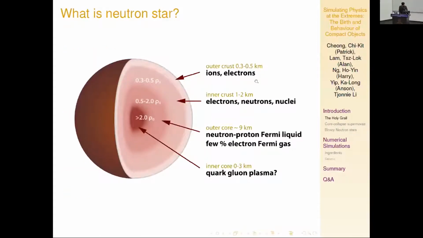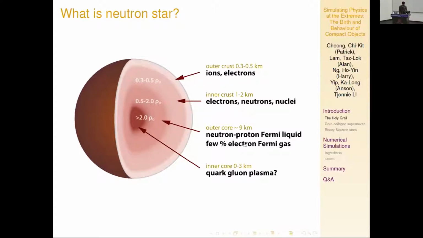So one of the interesting questions in physics is, what is a neutron star? The figure here shows our current understanding of a cool neutron star. It is constructed with different layers, where rho naught here represents the nuclear density, which is roughly 10 to the 14th grams per cubic centimeter, an extremely dense material.